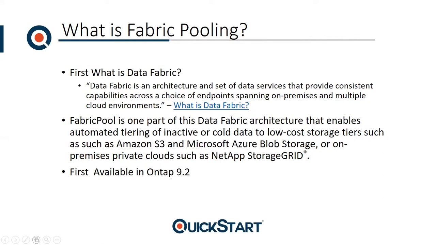Or if you have a private cloud, then NetApp has its StorageGRID solution, and you can submit to buckets that are created over on the StorageGRID. So as I said, this is definitely one of the newer features available across the board, and again, only came out with ONTAP 9.2.